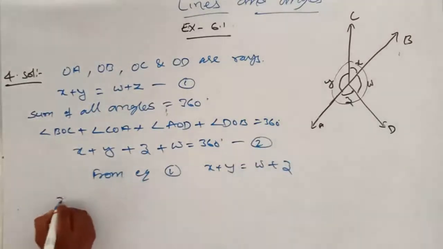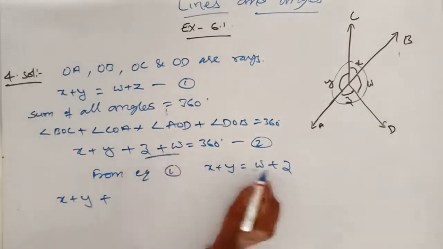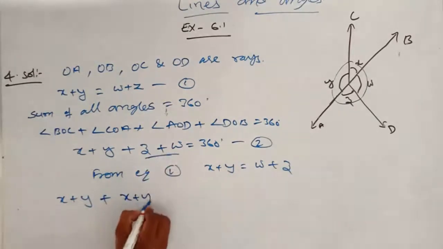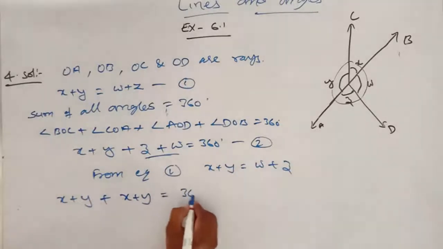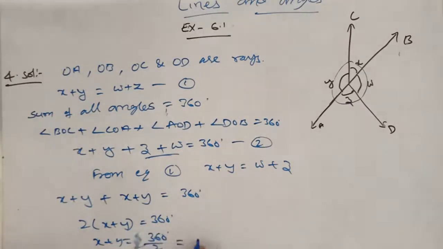So now here x plus y plus w plus z, or z plus w, is again x plus y. That is equal to 360 degrees. Two times x plus y is equal to 360. Now x plus y is equal to 360 by 2, which is 180 degrees.